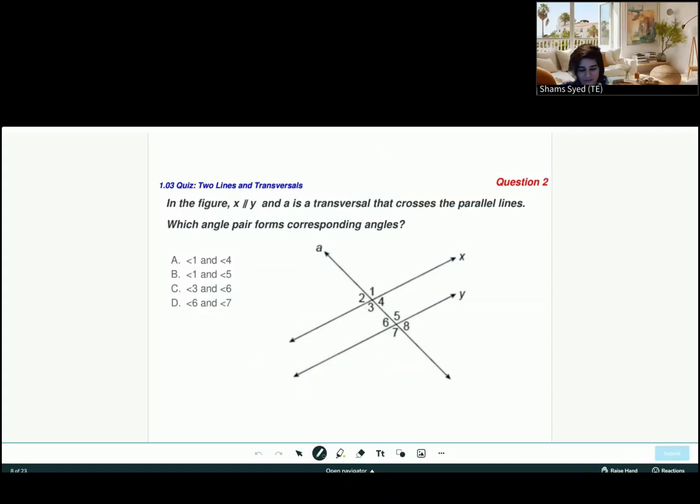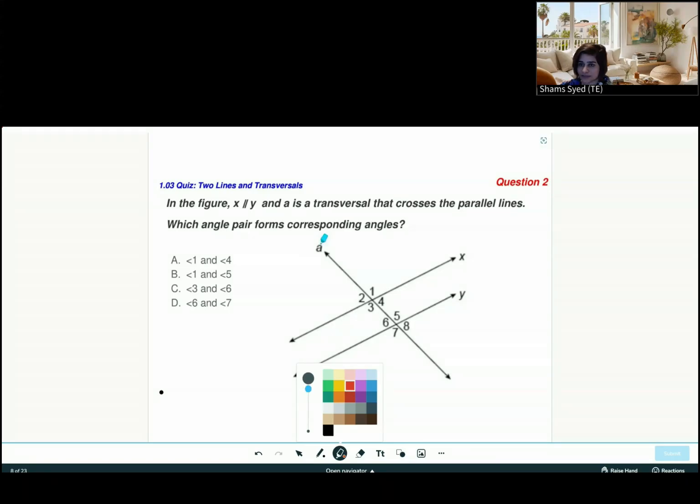That's question 1, a little knowledge about the terms. Question 2 is here. I will teach you how to do each and every variety of question 2. It says, in the figure, X is parallel to Y, and A is a transversal that crosses the parallel lines.